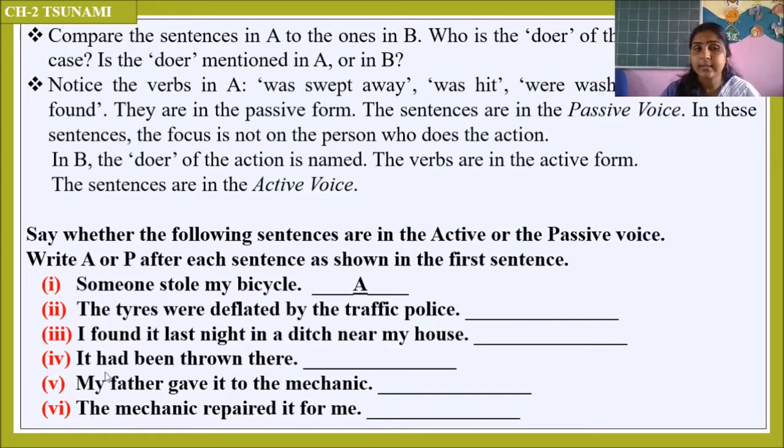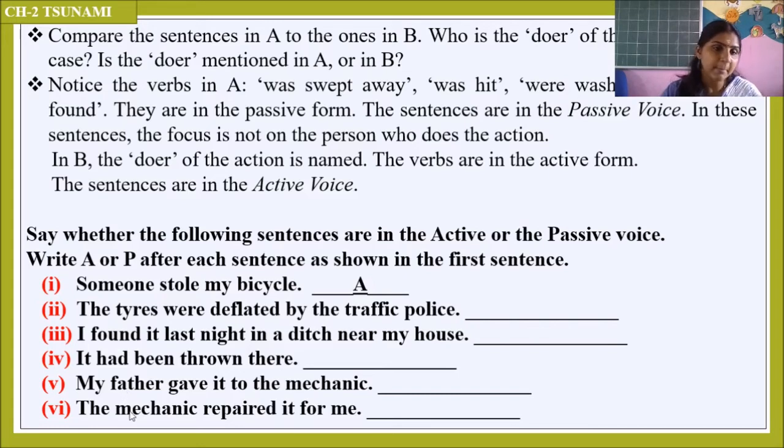Yes. Had been is there in front of thrown. So, it is accompanied with had been. And then, automatically, we know the answer: if it is accompanied by a helping word, the answer is what? Active or passive? Passive voice. So, write P.